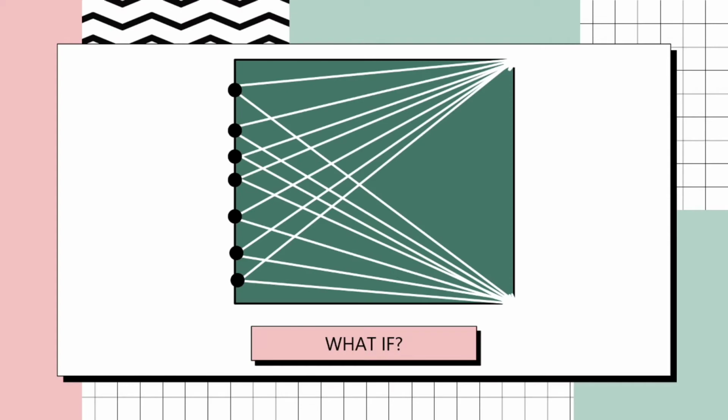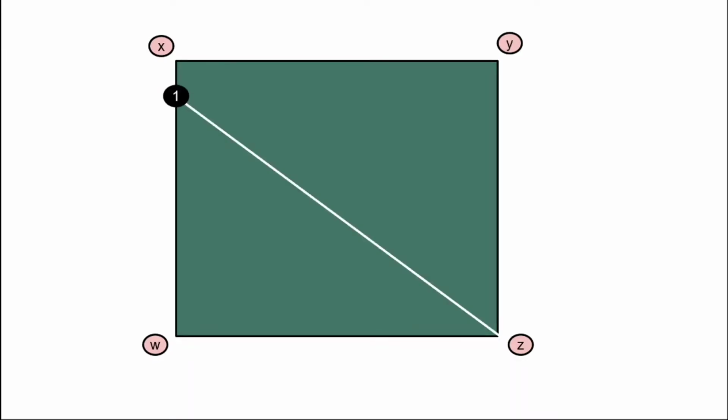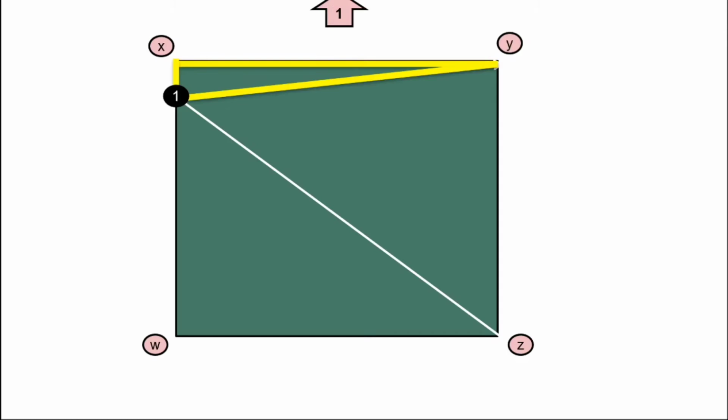So what if we have more dots plotted on this figure? We need to look for a pattern. So we need to separate the triangles into top, bottom, right, and left. This is the point W, point X, point Y, and point Z. On the first point, on the top, 1 triangle is formed.